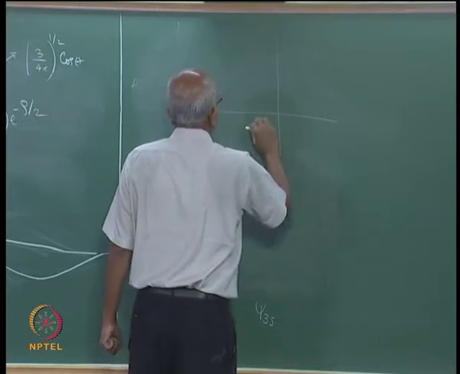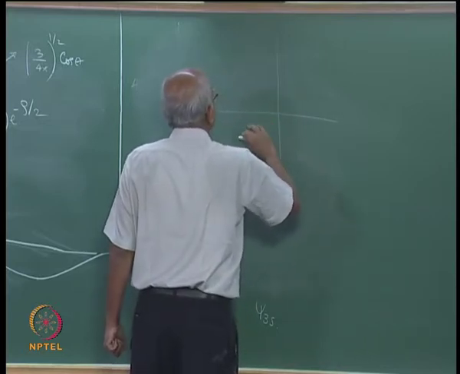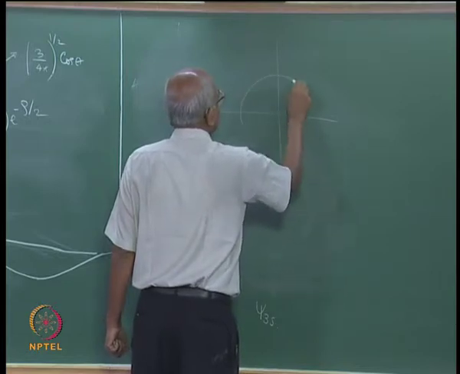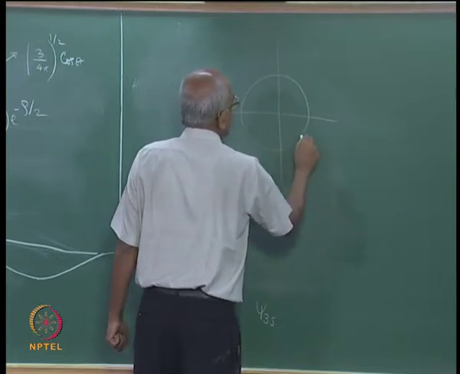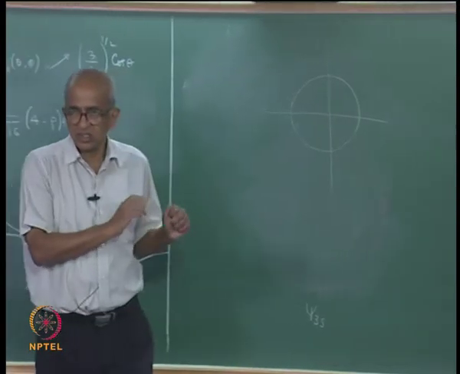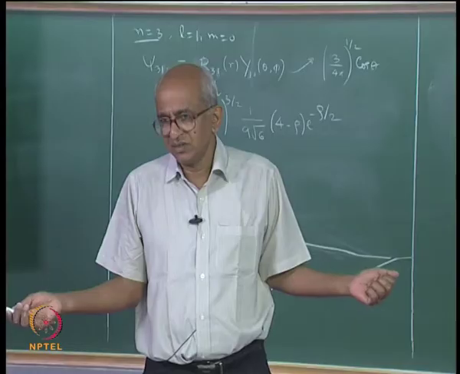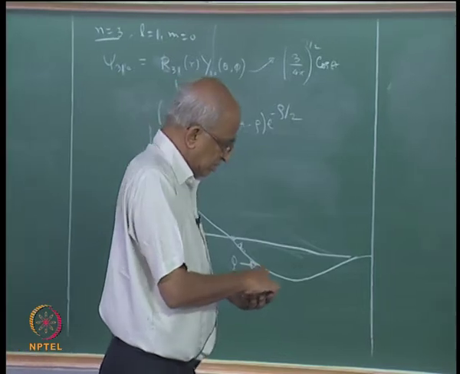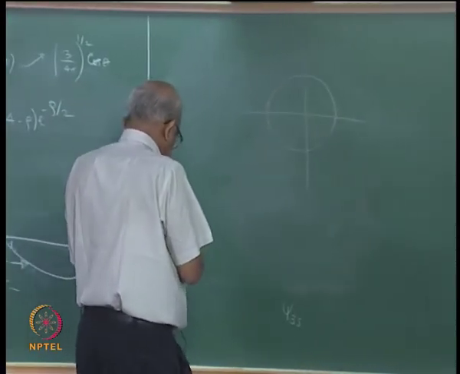Here is the circle, or maybe I can say the sphere, with rho equal to 6. This is the sphere, let us say. Inside the sphere the function is positive, while outside the sphere the function is negative. On the sphere the function is 0.